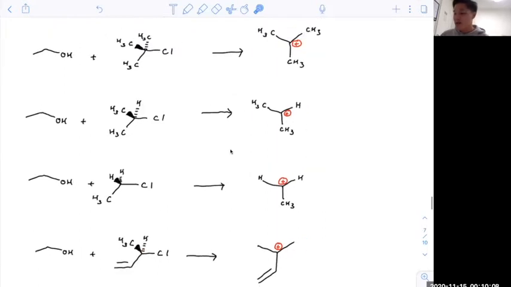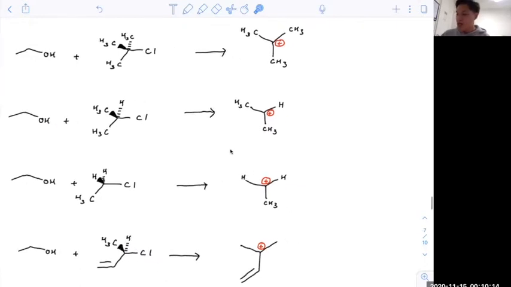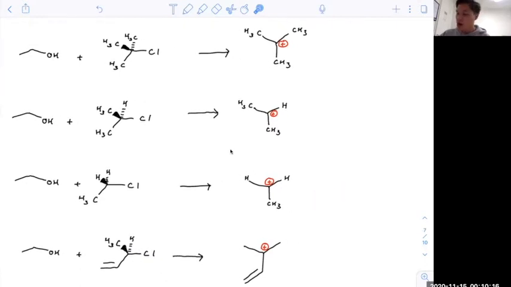So out of these four, which one is the least stable? If you said the third one was the least stable, you are correct. This is the least stable. And why? It's because it is a primary carbon as opposed to these other secondary and tertiary carbons, which means it's the less stabilized, right?